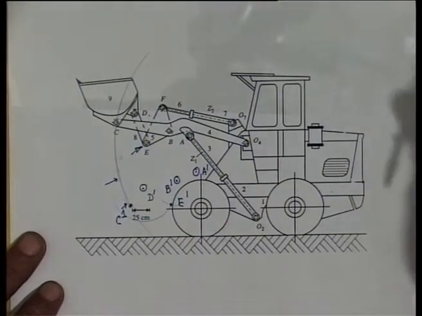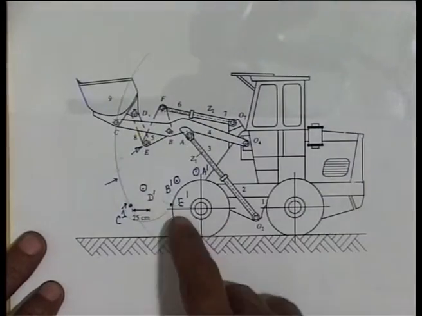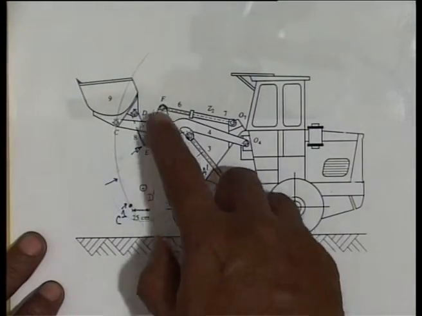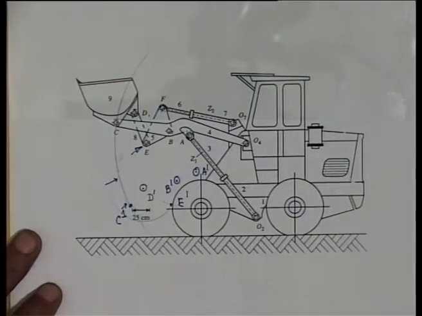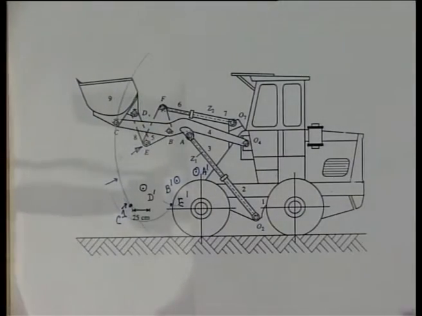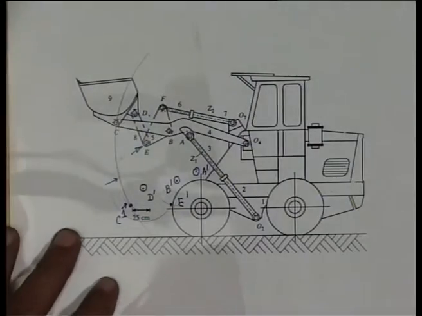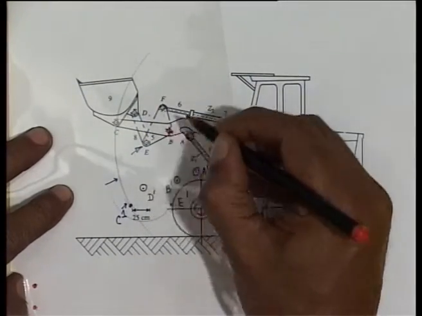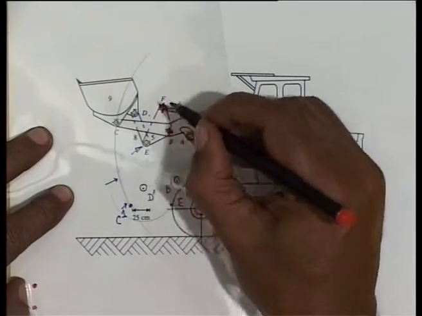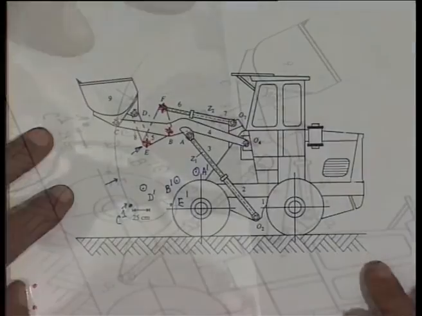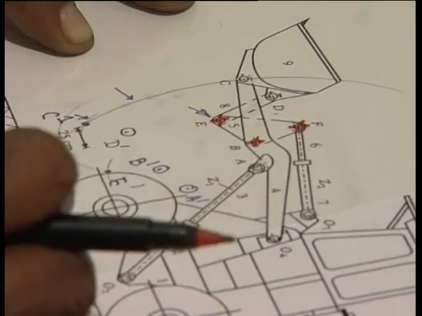Similarly, to determine F, I know the locations of B, E and F. These are the 3 points on the same rigid link 5. So, I can again use this tracing paper as an overlay and mark B, F and E. Their relative positions do not change, and I know where B and E have gone.